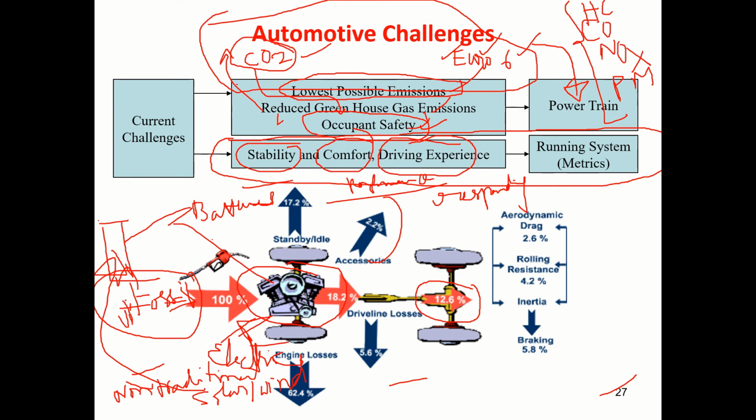Probably all this. You do all this, fine, but basically this is required whether you have a petrol engine vehicle or an electric vehicle. So stability, comfort, and driving experience are important. Anyway, driving is also being made autonomous.